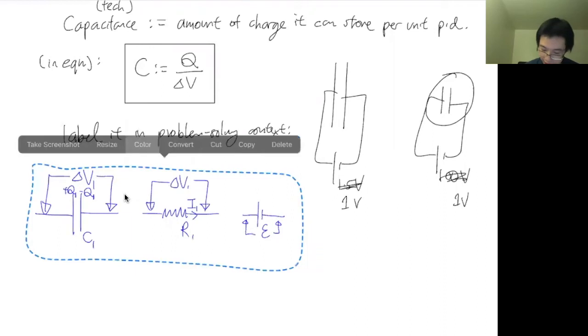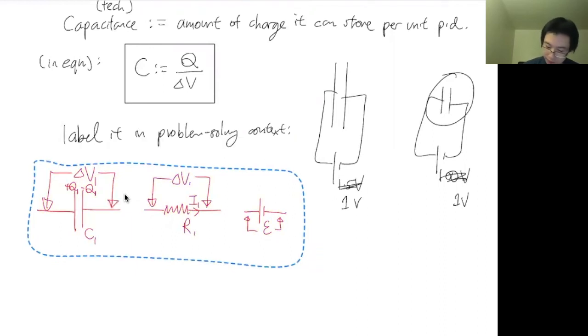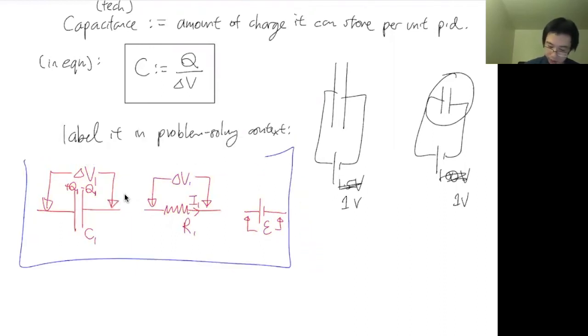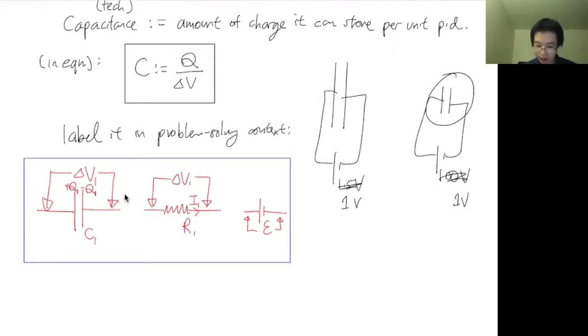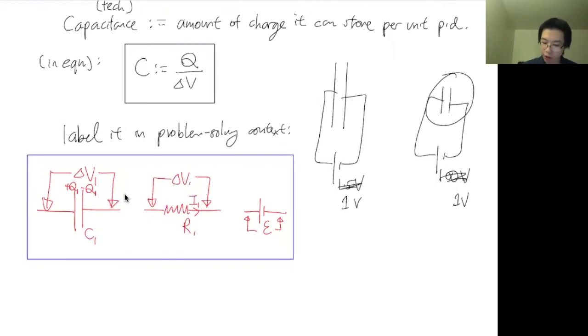Let me make it red. So the point is, for capacitors every time, you want to label the delta V_i across it, the capacitance, and plus and minus Q_i. And for a resistor, you will label its resistance, the current going through it, and the potential difference across it.